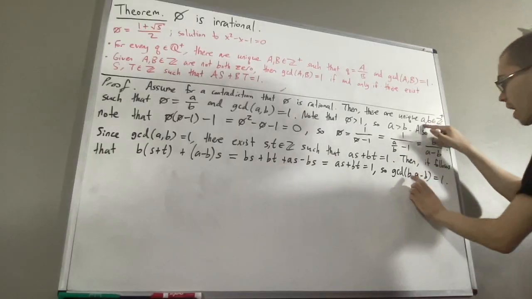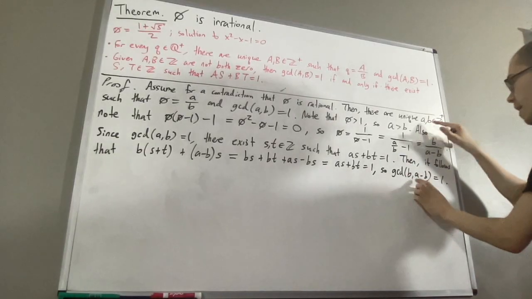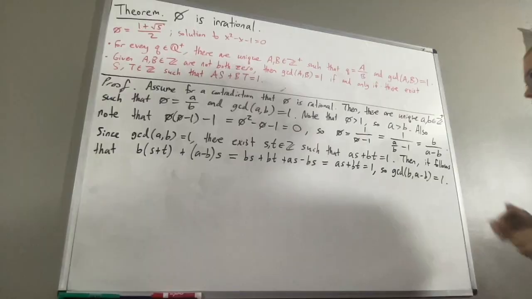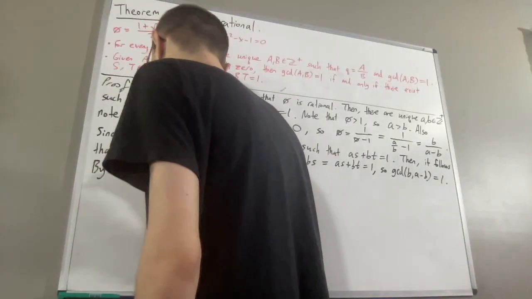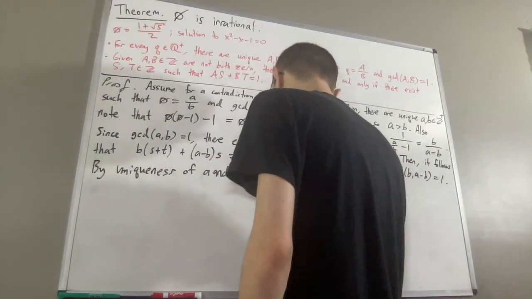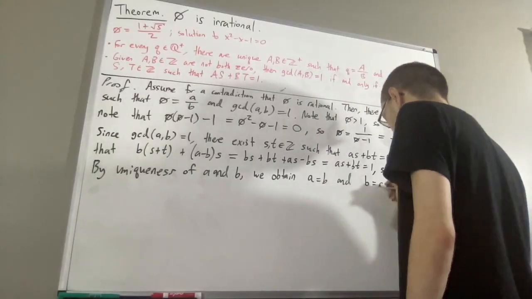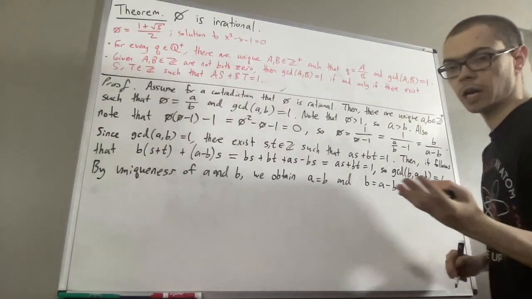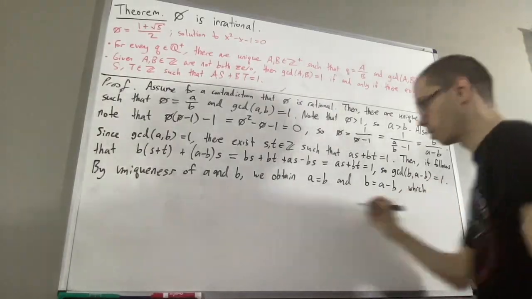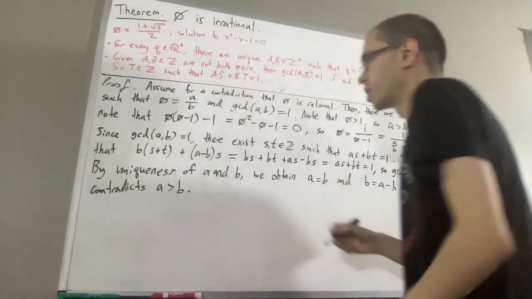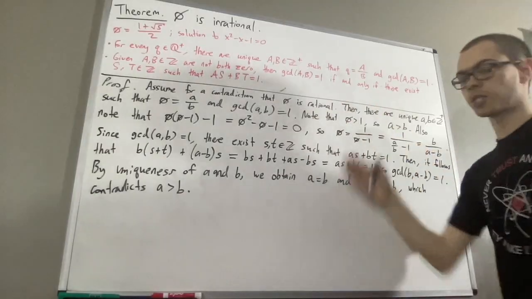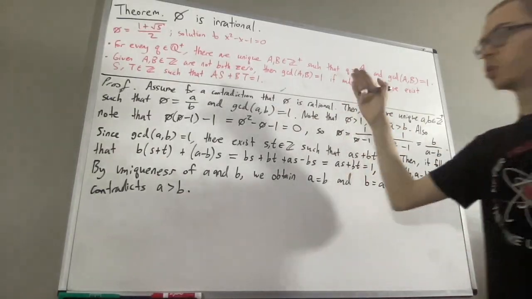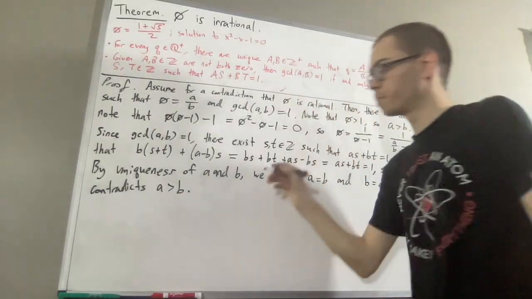So we get that a is equal to b and b is equal to a minus b. So we see that a is equal to b and a is greater than b, which is a contradiction. Our assumption that the golden ratio is rational led us to a contradiction, so we must instead have that the golden ratio is irrational.